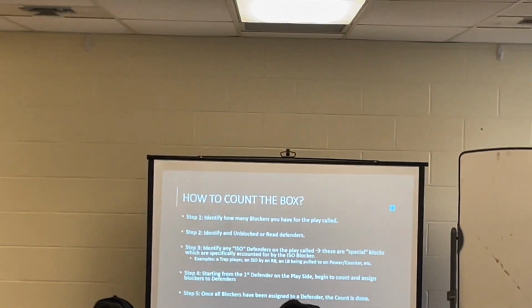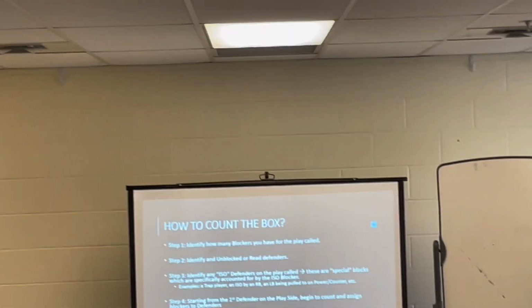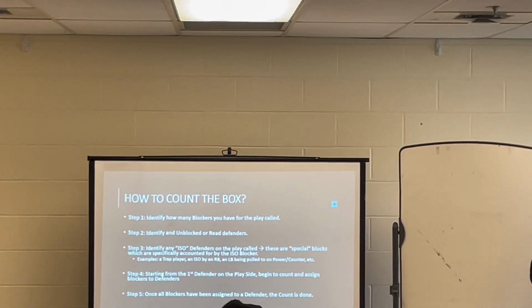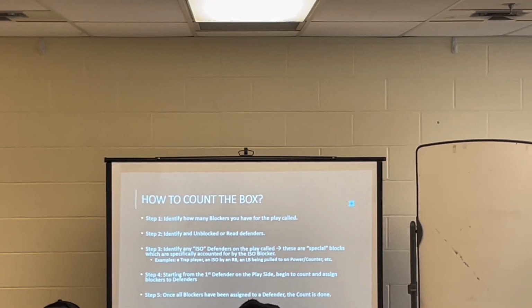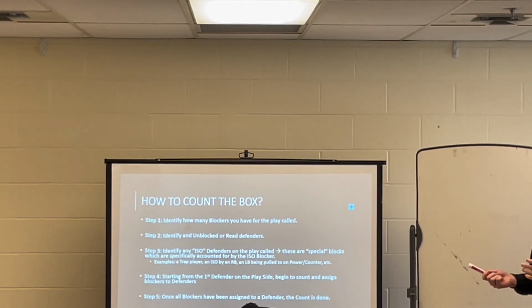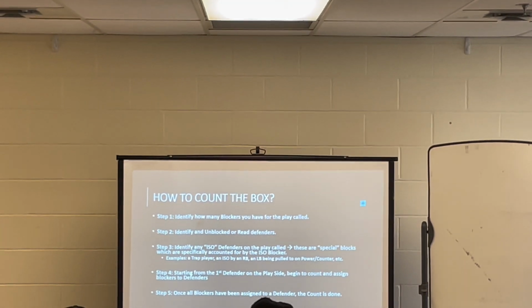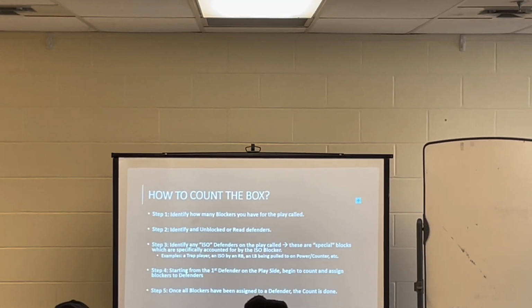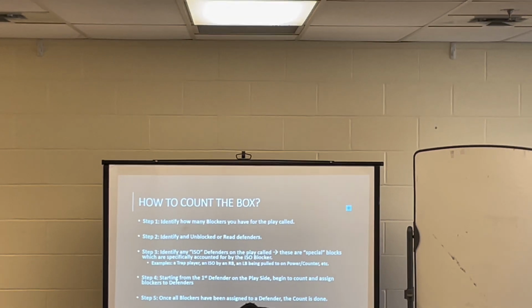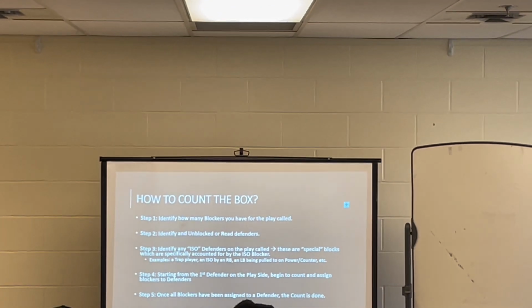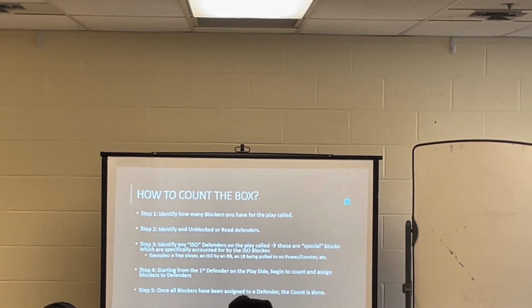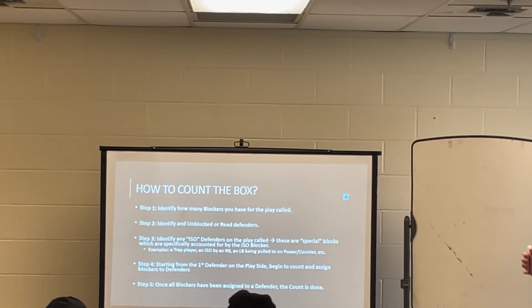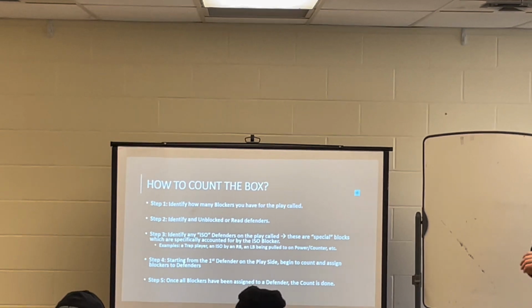If we have an ISO on a linebacker, we know that linebacker is being ISO'd by probably a running back or whichever guy we have designated to do that on the play. And then same thing with a linebacker on power or counter. If we know that a certain guard is meant to pull to a certain linebacker, those are going to be called ISO blocks for my count. Okay, those guys are guys we know who's got them, we know where they're at, it doesn't matter. That's before the play, those are our special blocks.